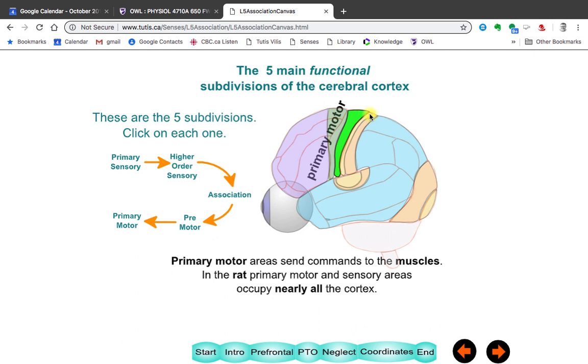And it's kind of neat that this is in front of the central sulcus, and the somatosensory areas are just behind the central sulcus, and all your body parts are laid out in sequence. So the structures involved in moving your mouth and saying things are located here. In front, in back, and behind here is all the structures that get information about your mouth and your face.